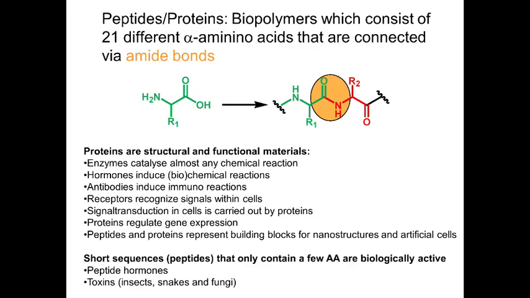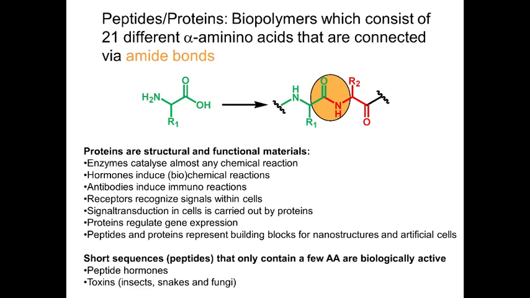And peptides and proteins represent building blocks for nanostructures and are important for the Max Planck School Matter to Life. They can be used as building blocks in artificial cells. Then we have a special class of proteins or polypeptides that are just peptides, so short sequences, and they contain only a few amino acids, but they can be biologically active and important.